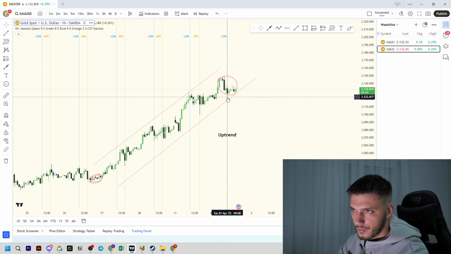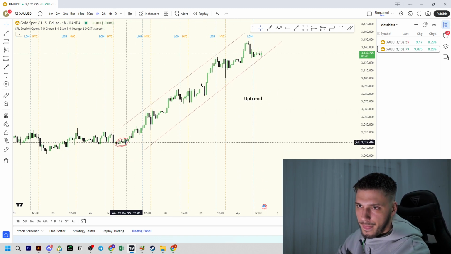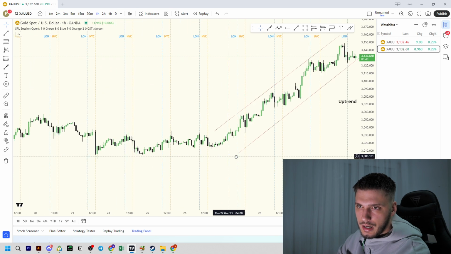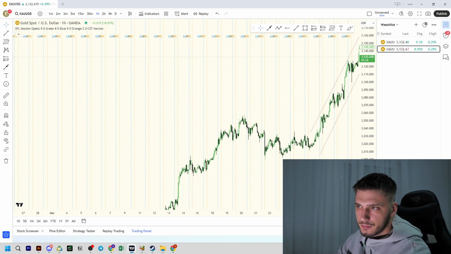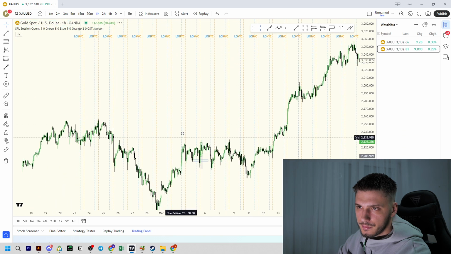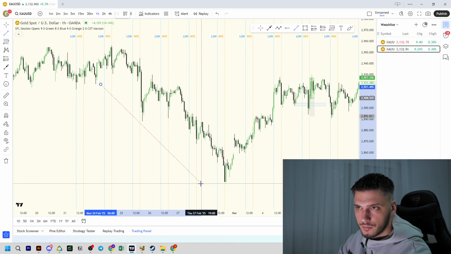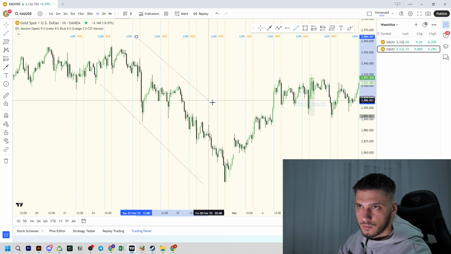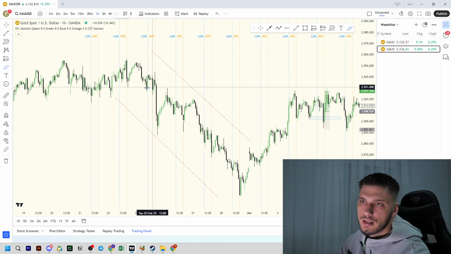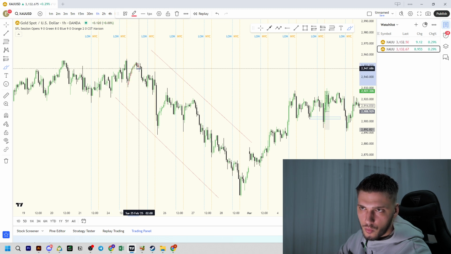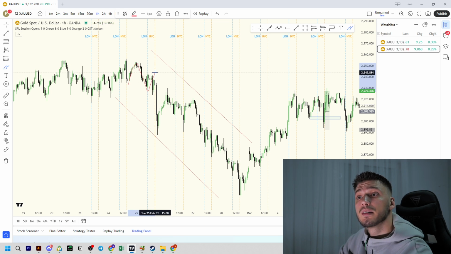Now, how do we identify a downtrend? For example, we could take this. Why is this a downtrend? Because we can see that whenever price moves down, it's bigger than the price moving up.